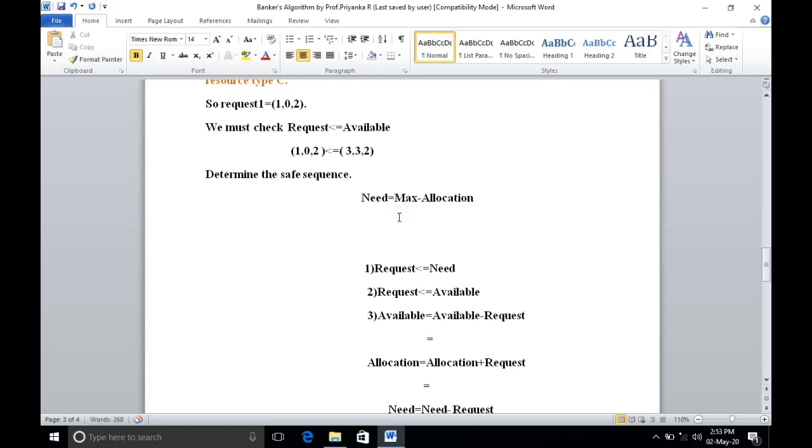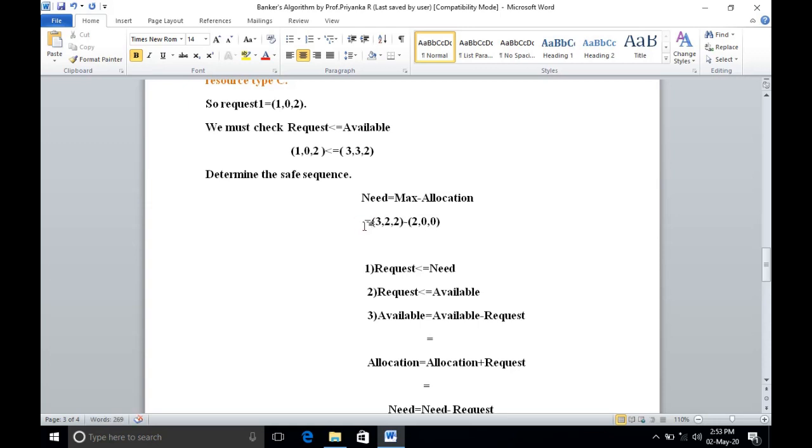The maximum request of process P1 is 3, 2, 2 minus what is the allocation of process P1? 2, 0 and 0. So this is the maximum minus allocation.